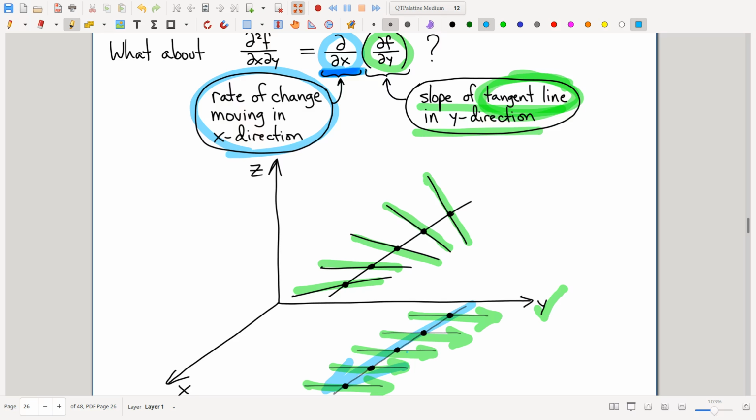Back in the back, the slope is like this. The graph of f is sloped this way in the y direction when you're in the back. And now as we move in the x direction, as we come out of the screen, that slope is doing more like that.